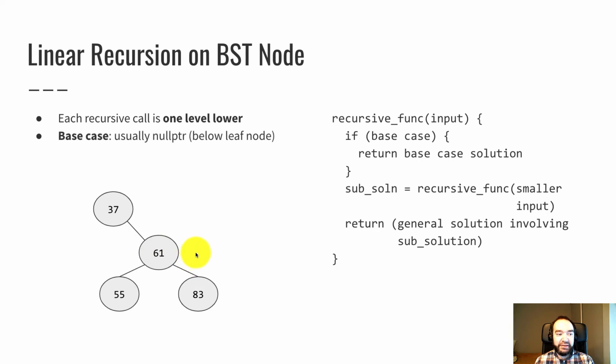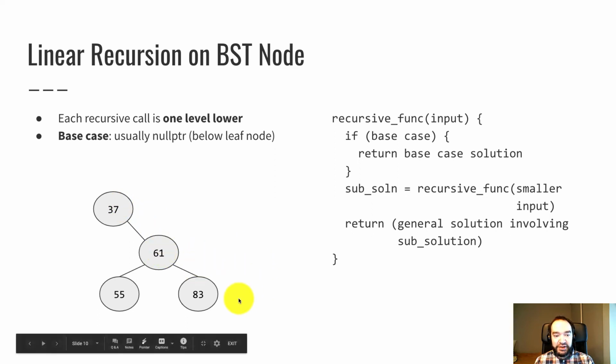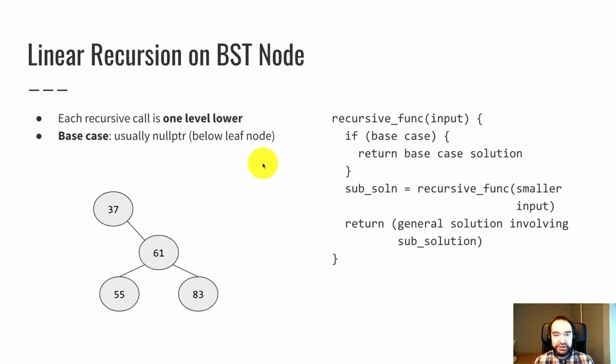The base case then is usually a null pointer. That means you went below a leaf node. Remember, the root is at the top here. Every recursive call is going to go lower into the tree by 1 step until it gets to the bottom of the tree. The bottommost nodes are called leaves, and leaf nodes have no child pointers. So when you go past a child pointer, you have a pointer to a null node.